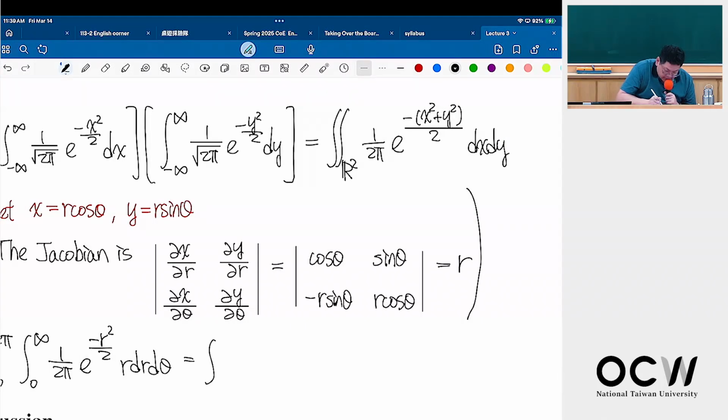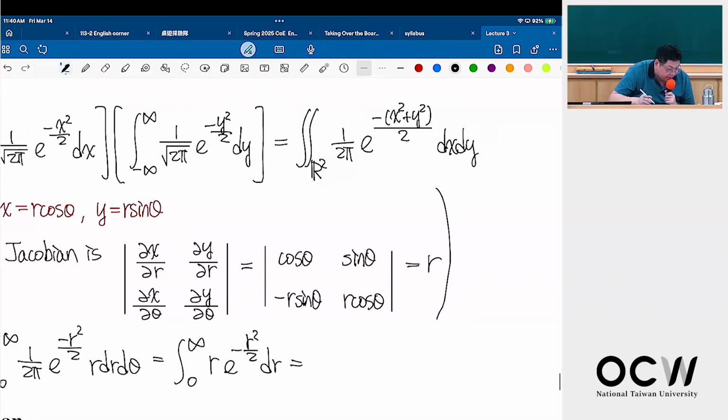So you get r times e to the minus r squared over 2 dr, then minus e to the minus r squared over 2, with r from 0 to infinity. That gives you 1.